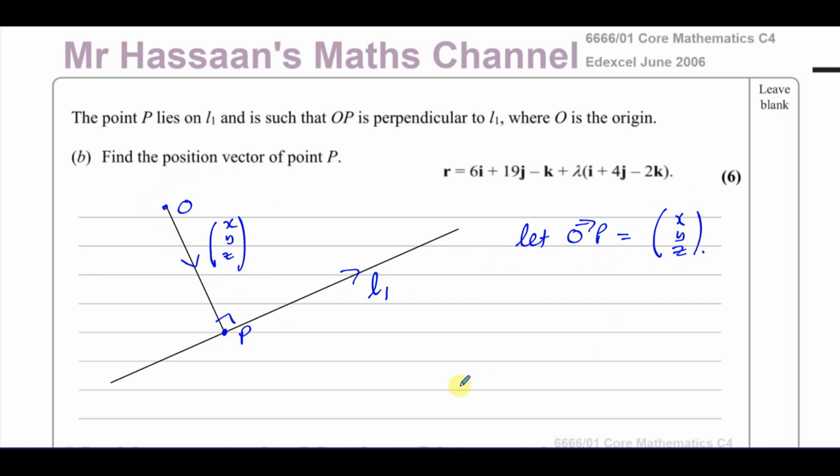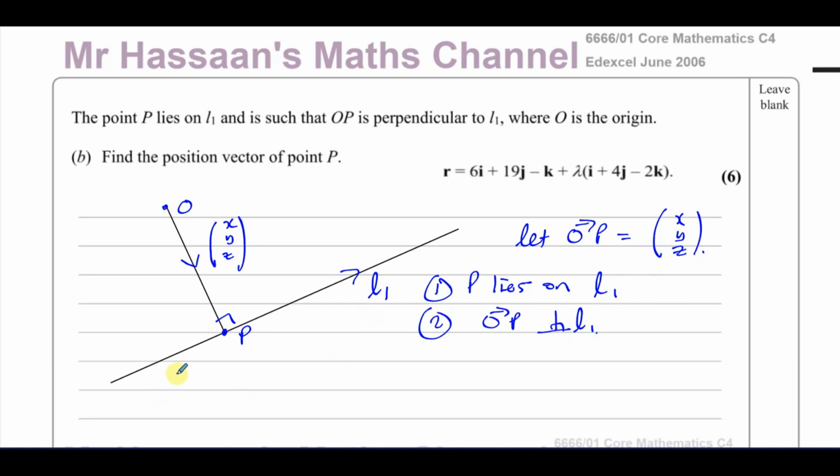I know two things about the point P. One, P lies on line 1. That's one piece of information that's going to help me find the coordinates of P. And two, the vector O to P is perpendicular to line 1. I know for sure that's also true. So now I can use those two pieces of information.